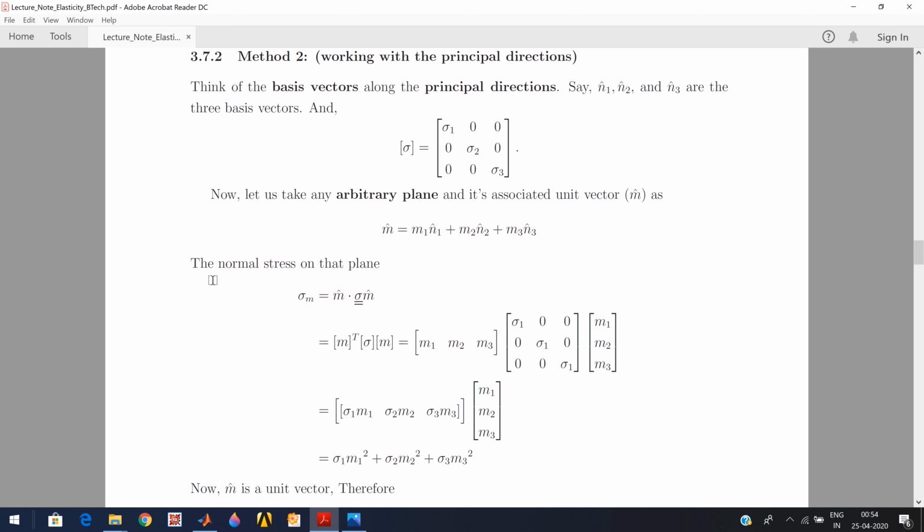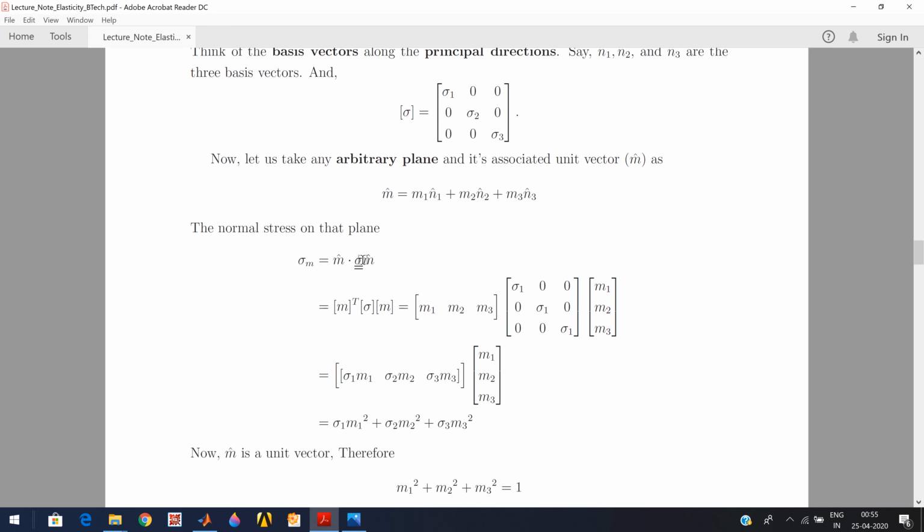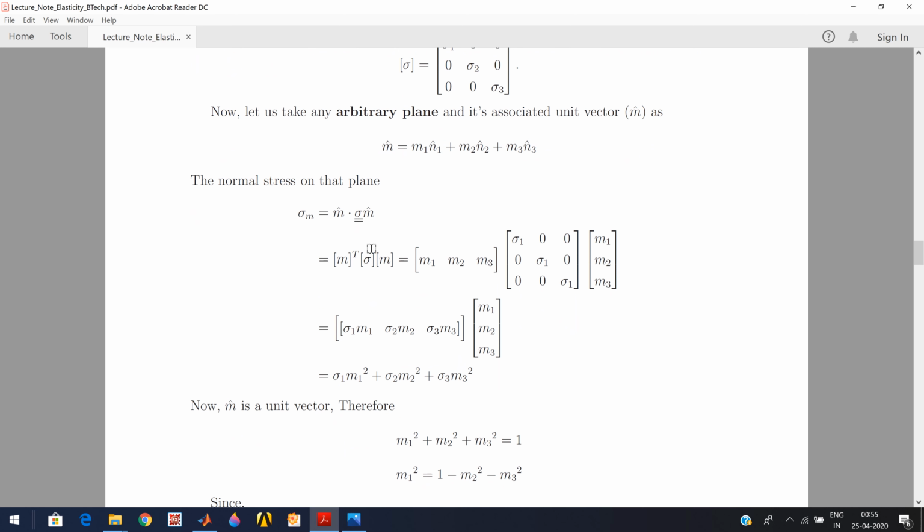So this is the arbitrary vector. And then on that arbitrary plane, if we want to find the normal stress, then sigma m is equal to m dot sigma m. So this sigma m is the traction vector, and then dotted with the normal vector will give you the normal stress component. So if we calculate, we'll see that it will turn out to be this.